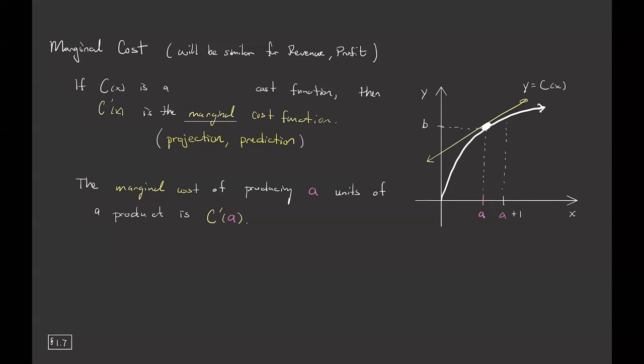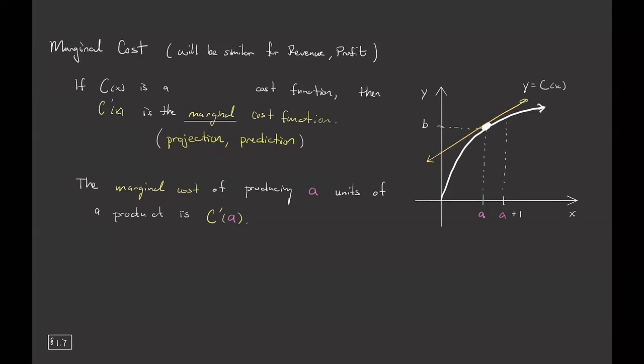So the reason I like the terms projection and prediction is because they give more of an intuitive sense of what's happening. You use this, what'll be a tangent line, but the marginal cost function, you use that to predict what the value might be when you increase production.